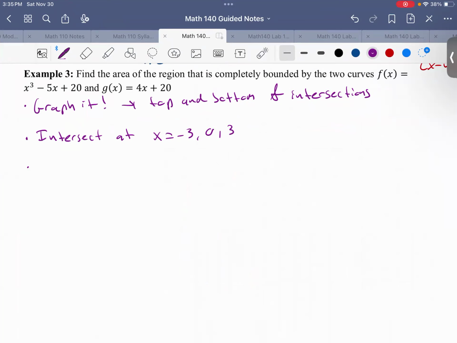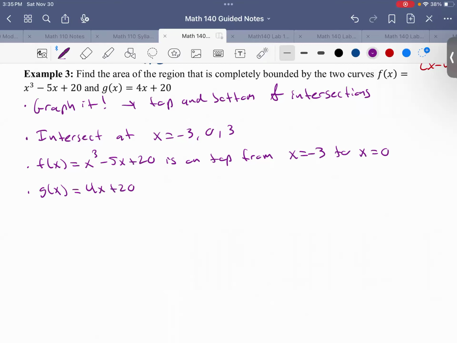And we'll say that f of x equals x cubed minus 5x plus 20 is on top from x equals -3 to x equals 0, and that g of x equals 4x plus 20 is on top from x equals 0 to x equals 3.